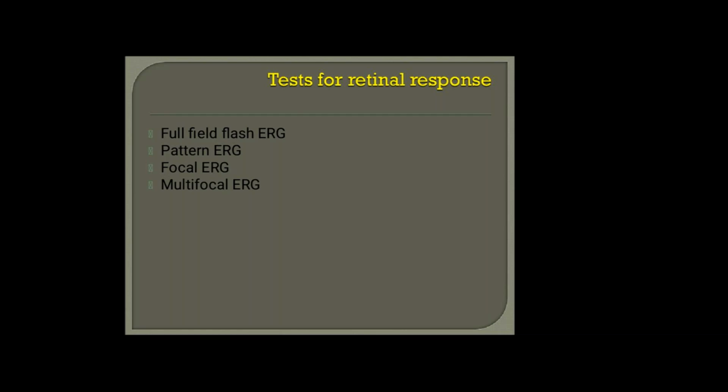So full field flash ERG is a gross or global ERG. It gives you the overall response. Suppose you ask me the average age of the participants here today. I would sum your ages and divide by the number of participants here.